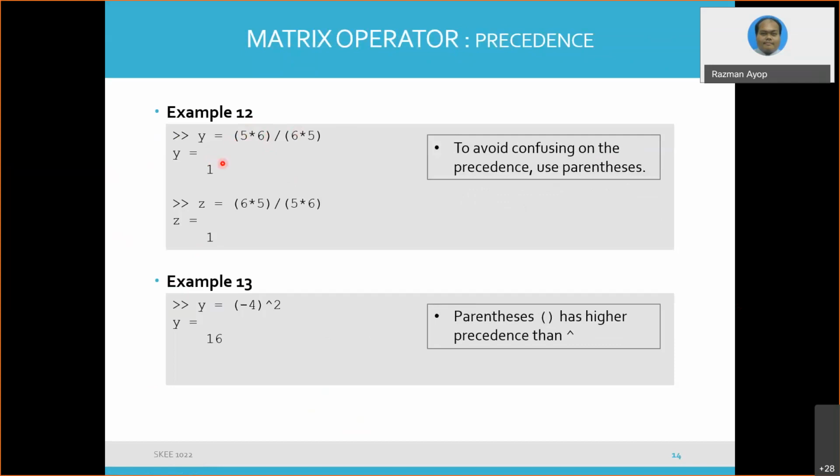Okay, so the answer will be the same, 1. So be careful. If you have bracket, you have to make sure you solve the bracket first. When you want to write an arithmetic equation, make sure that you consider BODMAS in the writing as well as in MATLAB. Okay, understand this? So make sure.